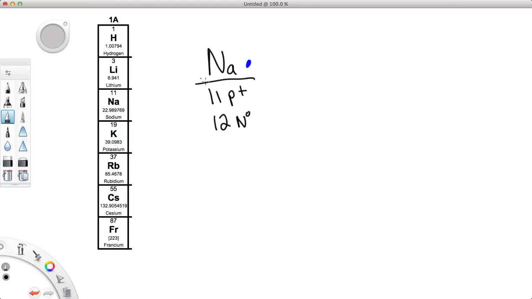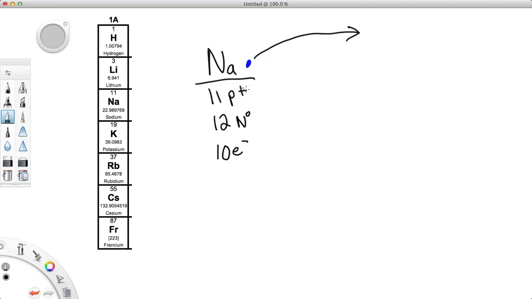And electrons in a neutral atom, it's also going to have 11 electrons. But remember, sodium wants to lose this electron. So this electron is actually going to get lost. It's going to go somewhere specific, and I'll describe where it's going to go in a bit. But it's going to be lost, and when it loses an electron right here, this number is no longer 11. This number is now 10.